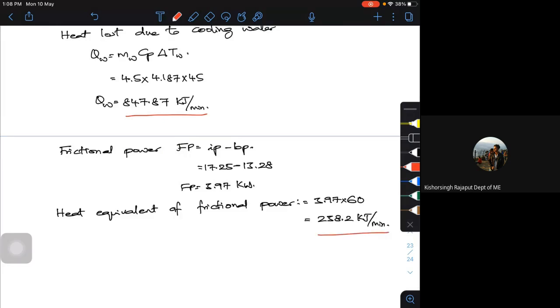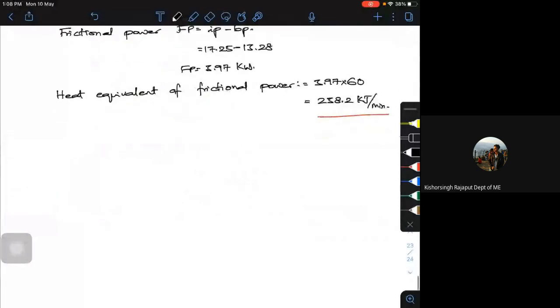There is something called unaccounted heat, which may be due to heat taken away by the engine structure itself, the exhaust, or radiation.